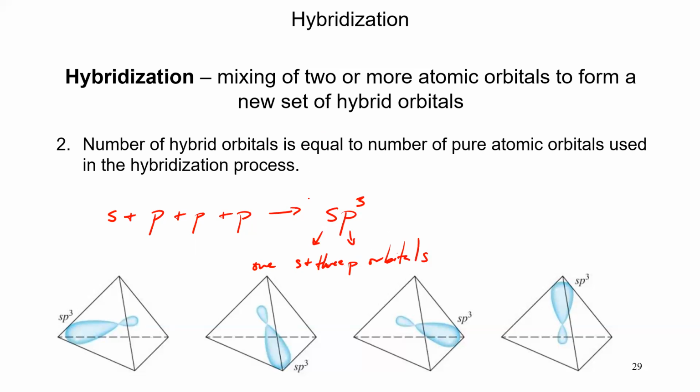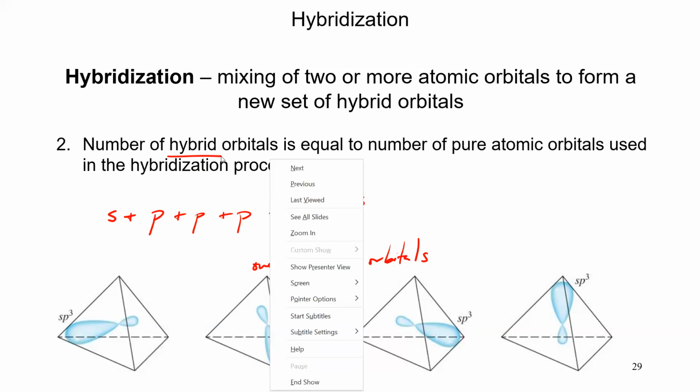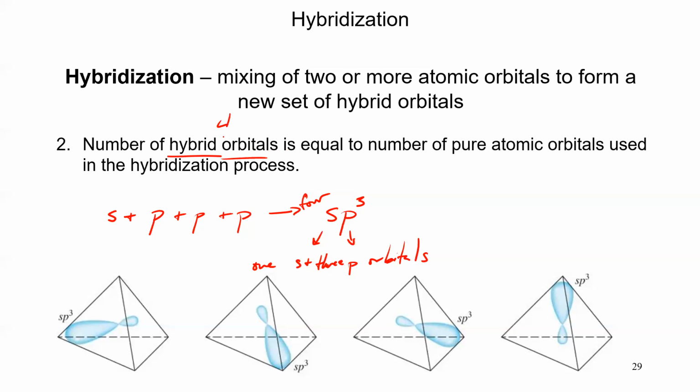We get 4 sp3 orbitals. The number of hybrid orbitals, which is 4 in this case, equals the number of pure atomic orbitals, 1 s plus 3 p. So we get 4 hybrid orbitals from our 4 atomic orbitals.